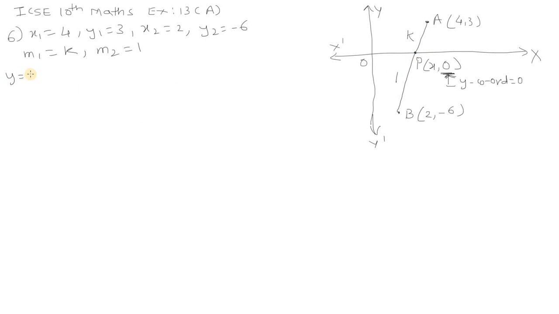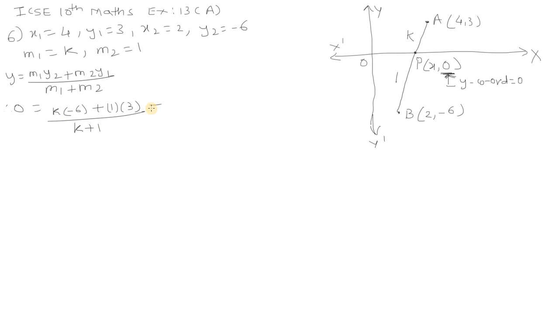What was the formula for y coordinate? y is equal to (m1 y2 + m2 y1) upon (m1 + m2), right? So we will substitute the value of y, which is 0, as obviously we can see here. 0 is equal to (m1 is k, y2 is -6, plus m2 is 1 and y1 is 3) divided by (k + 1).